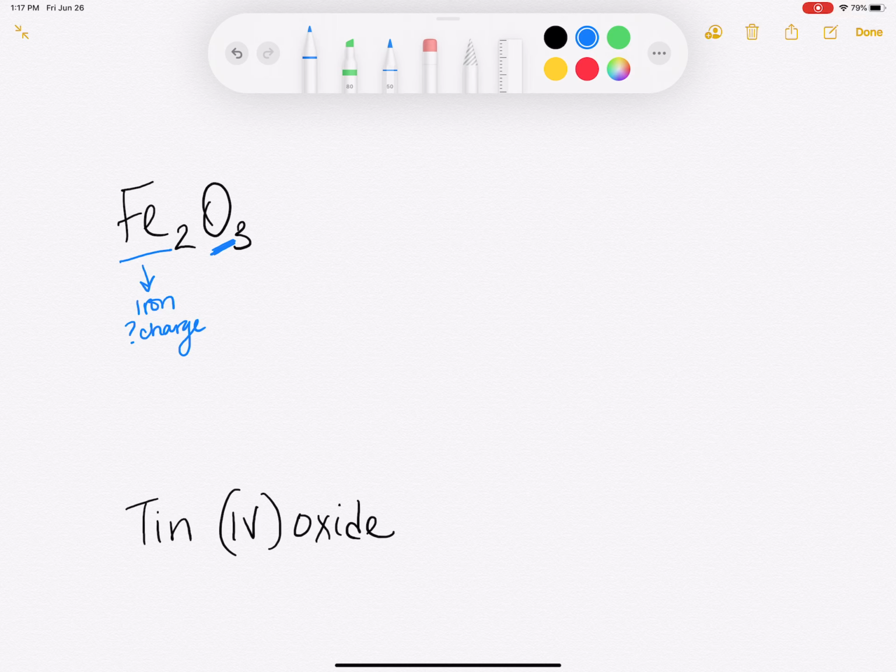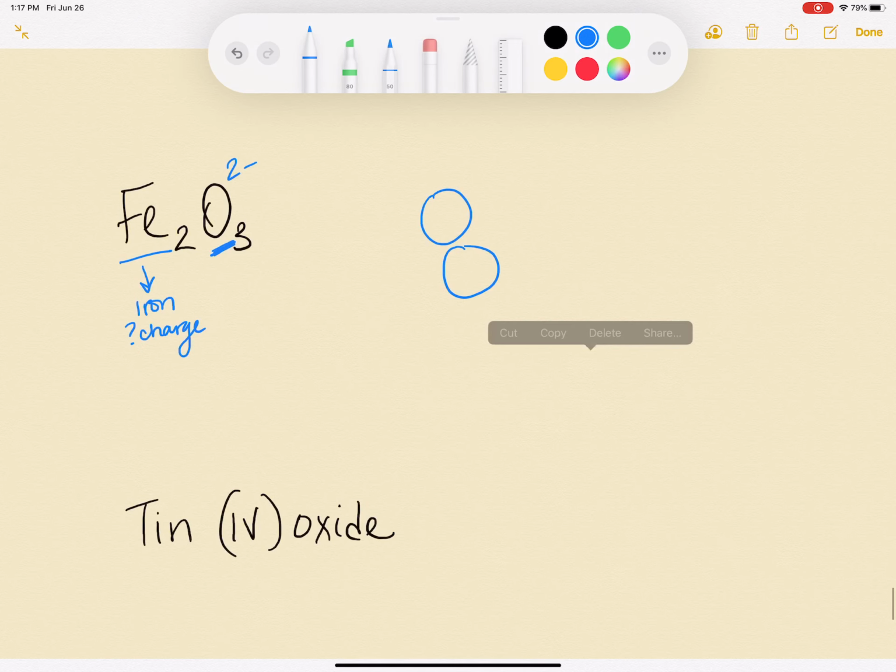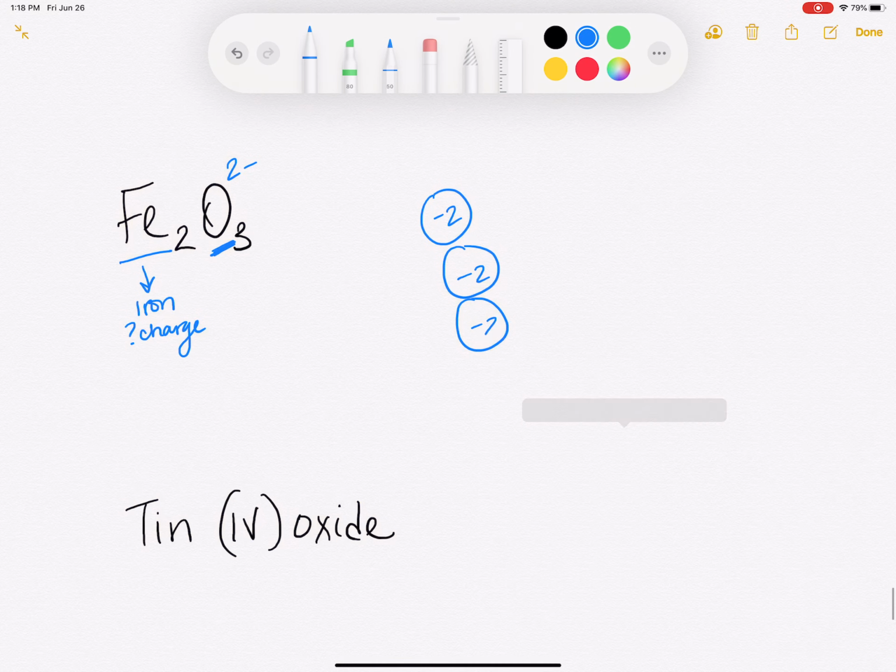Oxygen is in the oxygen family. Remember, noble gases, no charge. Halogens, a -1. Oxygen is always a -2. But you have 3 oxygens. So if I draw this out, each individual oxygen is representing a -2 charge.